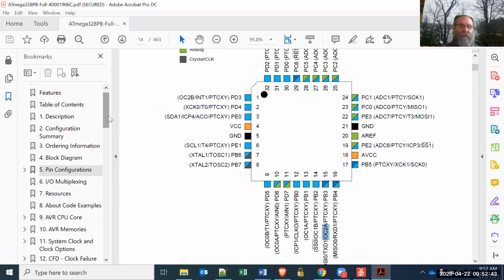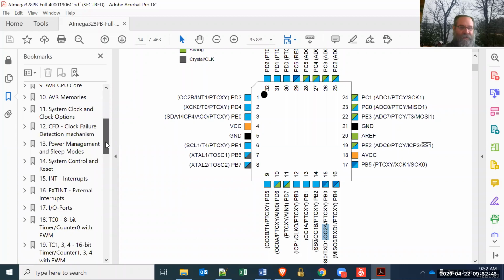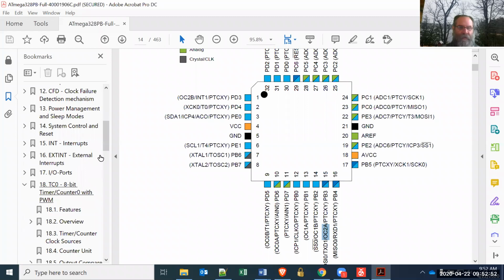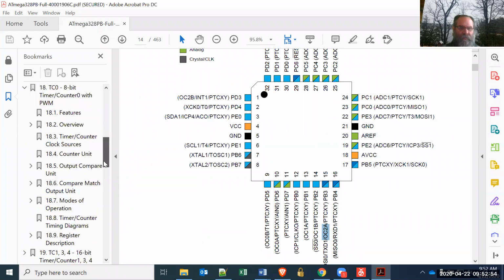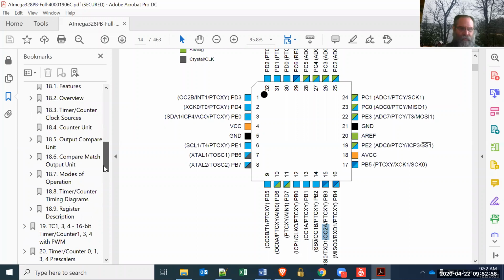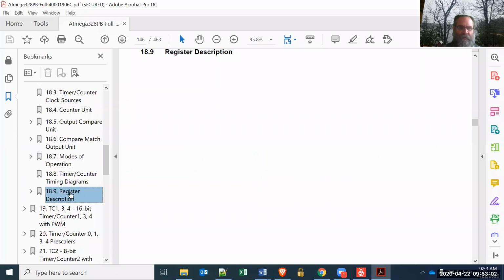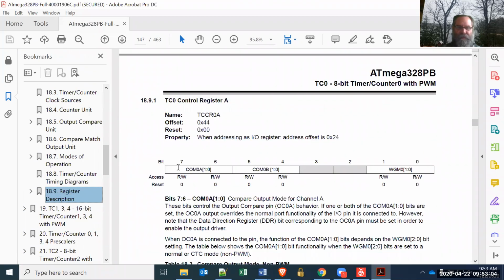All right, if we go down to our timers, let's look at timer 0. Look at our register descriptions here.